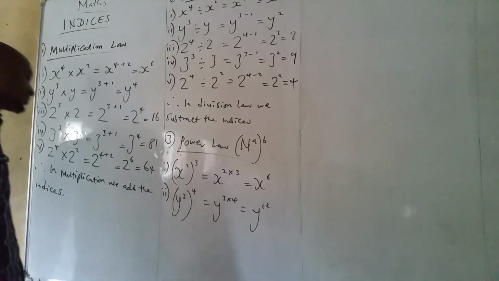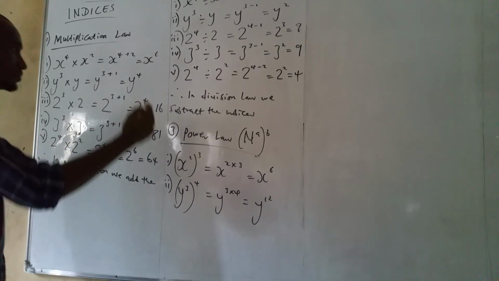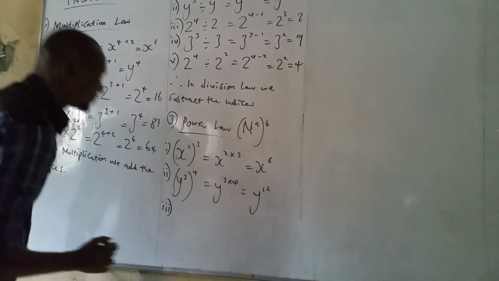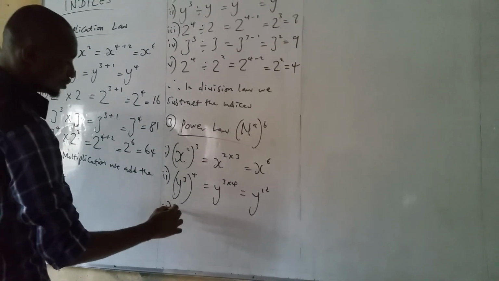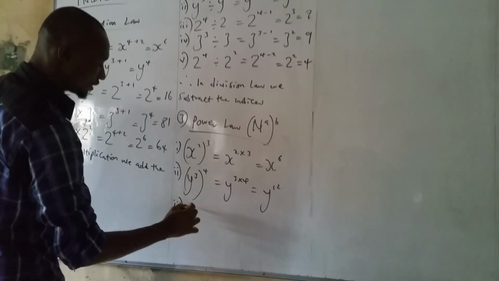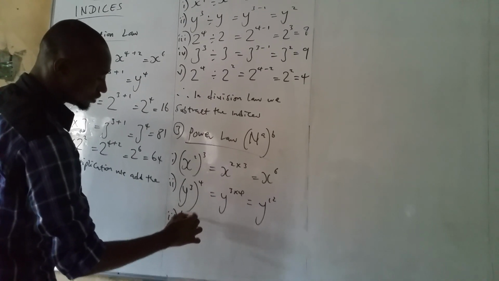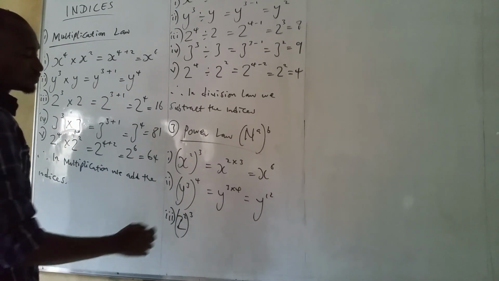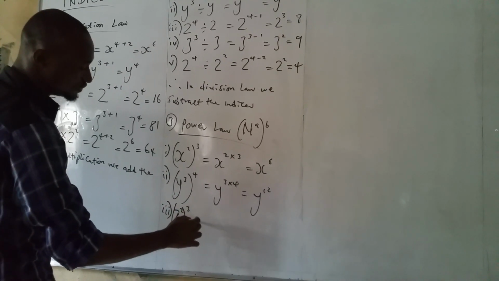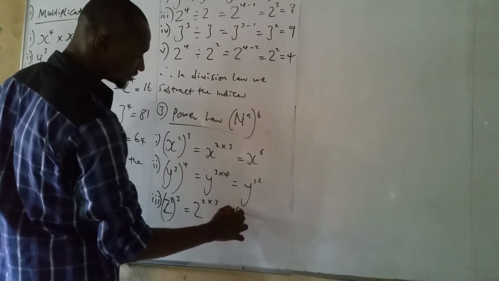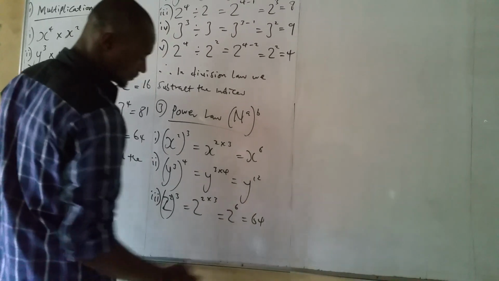Are you there? Now let's employ numbers. We have 2 raised to power 2, in bracket, raised power 3. This means 2 raised power 2 times 3. This gives us what? 2 raised power 6 equals to 64.